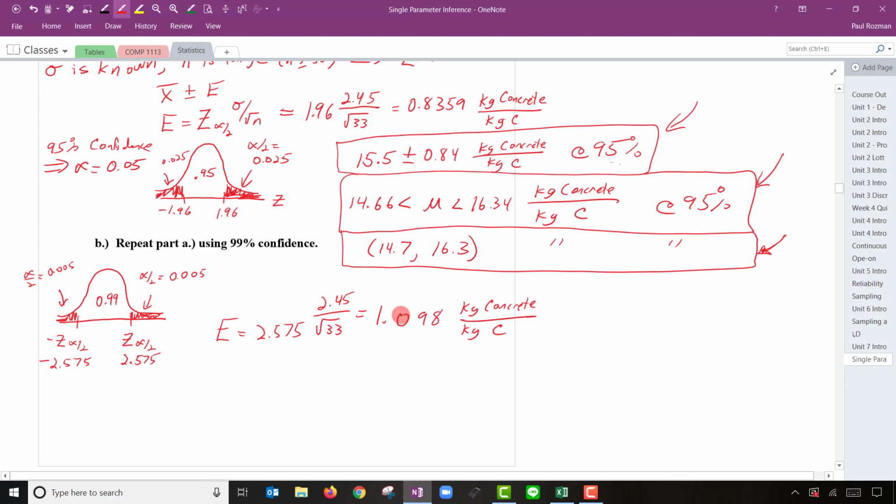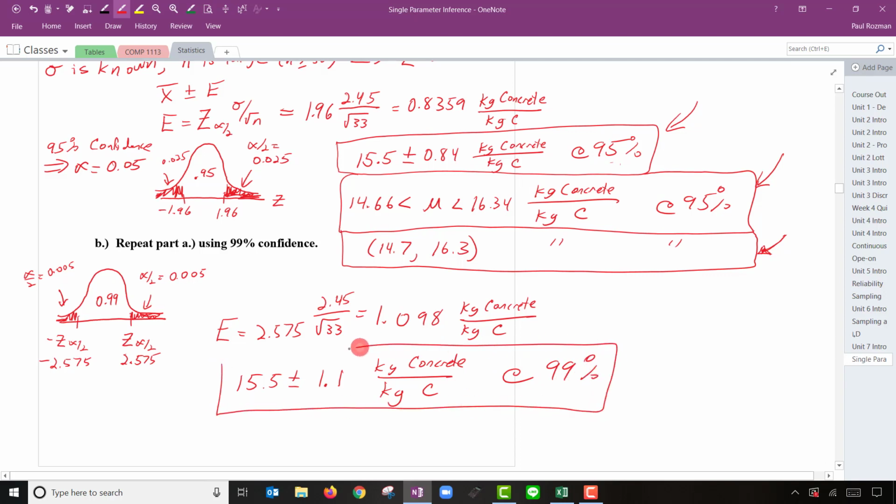So that's our error. It's 15.5 plus or minus 1.1. And we're doing this at 99% now. The actual mean is somewhere in this interval. We hope. We're 99% sure.